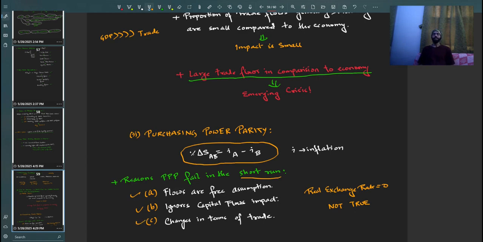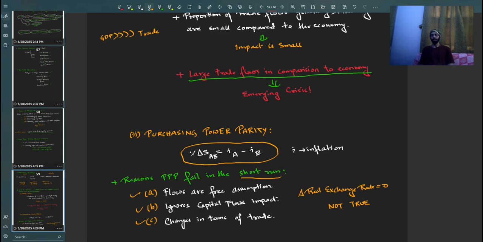Third point is changes in terms of trade. So trade terms are not always free flowing, that is one thing. And the second thing is that the terms themselves are also changing, right? So all these three factors combined, that is, capital flows have their impact, flows are not free, and terms of trade are changing, mean that the change in real exchange rate is not zero.